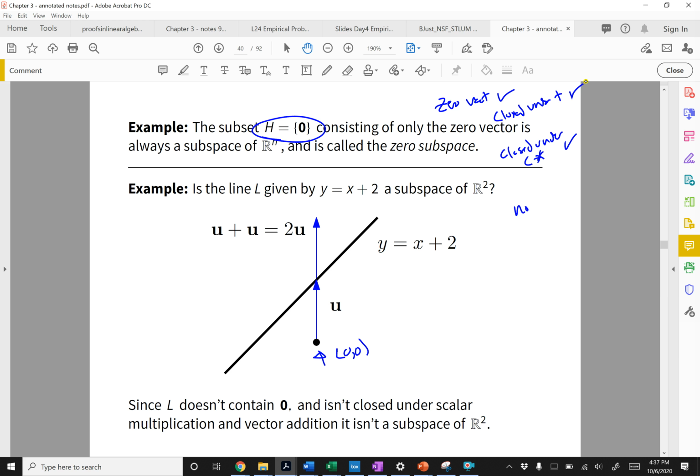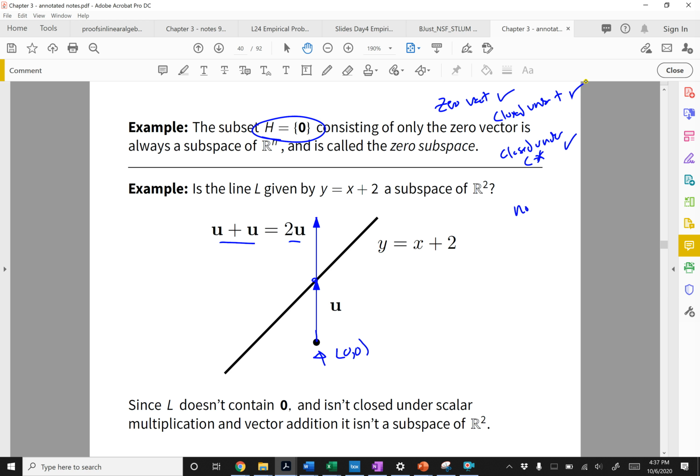But just to illustrate how the other things can be problematic, here's one vector that points to a value on that line. If you double that, if you take that vector and add it to itself, it's not on that line. And if you multiply it by 2, which is the same thing, you don't end up on that line.